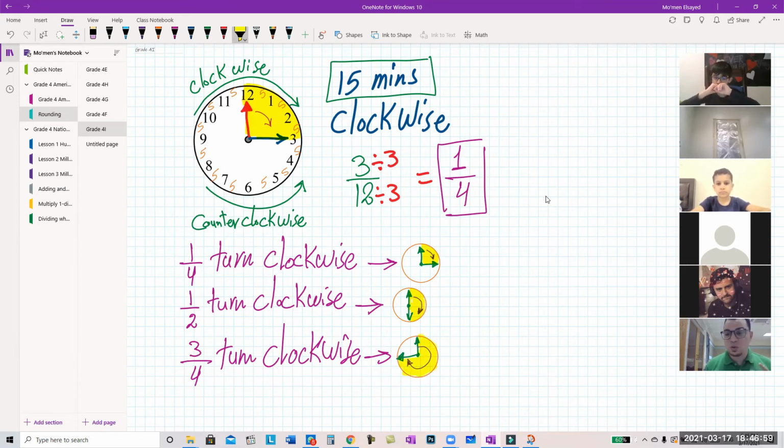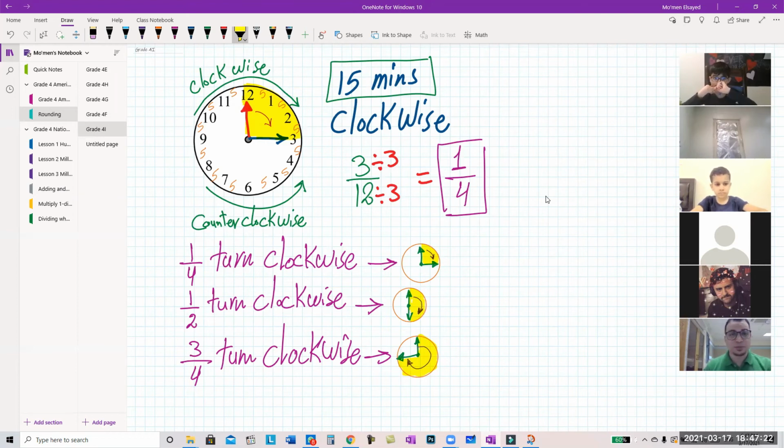That's why you have to get the meaning of half turn, quarter turn, and 3/4 turn, because it's so important to get the direction. The most important thing in this lesson is the direction of the minute's hand and the fraction itself.